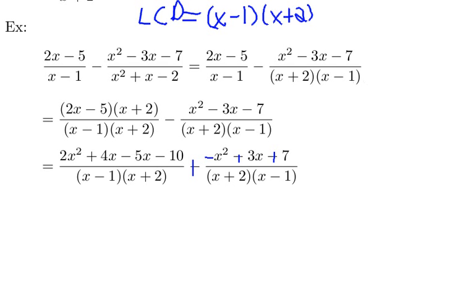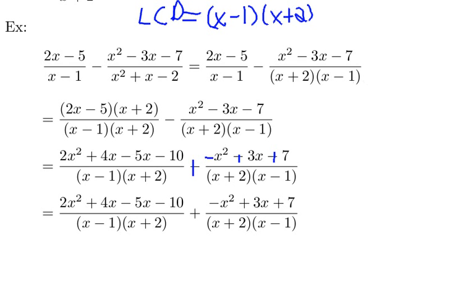So it will be plus, minus, plus, plus. Okay, so I just changed this minus to a plus, and then changed all of these parts to their opposite signs. So this was a plus, it became a minus. This was a minus, it became a plus. This was a minus, it became a plus. Now I can go ahead and add across.